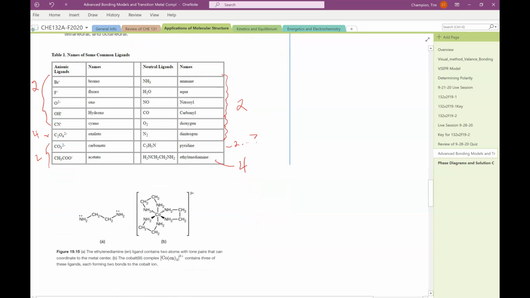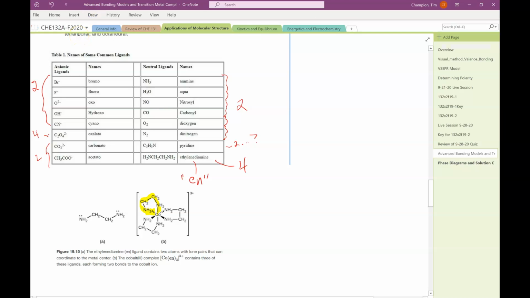So figure 19.15 talks about the ethylenediamine ligand, and the shortcut name for that is we just call it en. So if you look at this molecule, let me get the highlighter and show you this. This is one ethylenediamine molecule here, and you can see how it's connecting to the cobalt twice, and that's referred to as biting it twice.